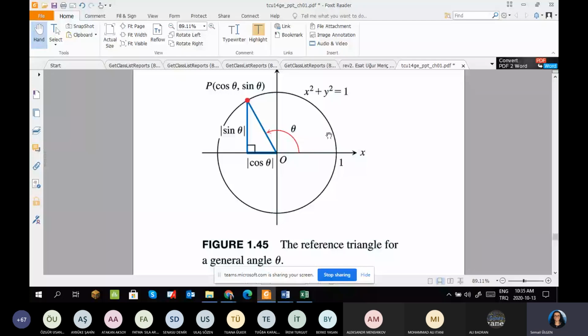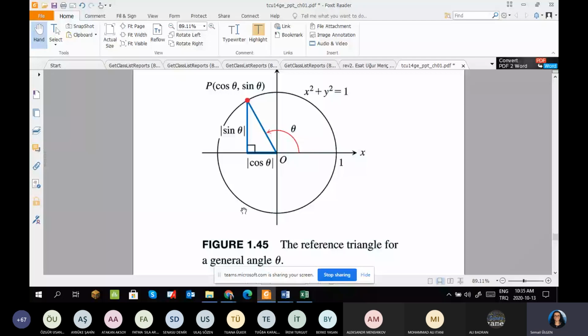This height and width are going to be the absolute positive values. Negative comes from where the point is located. If the point is here, the point is going to have negative values, but the lengths of the sides of this right angle triangle are all positive. That's why we have this picture.